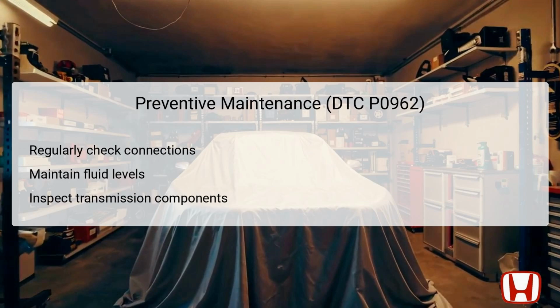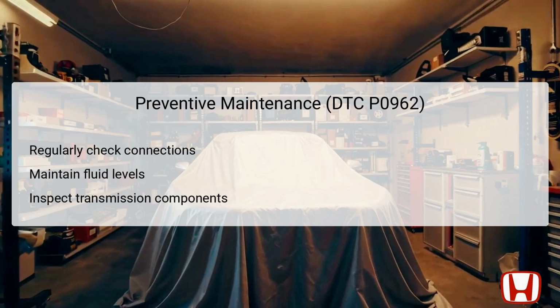To prevent recurrence of DTC P0962 and ensure the longevity of your vehicle CVT system, preventive maintenance is crucial. Regularly checking electrical connections, especially in high-stress areas such as those relating to the drive pulley pressure control valve, can prevent failures from loose connectors or damaged wires.